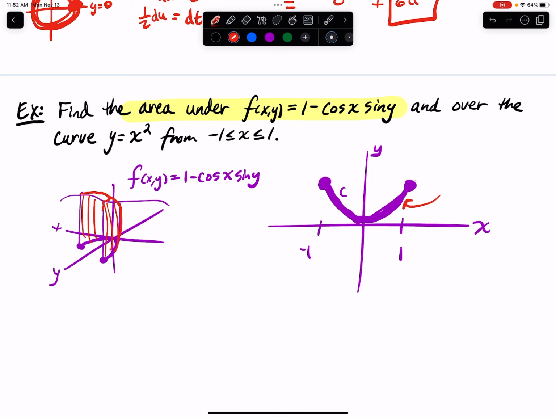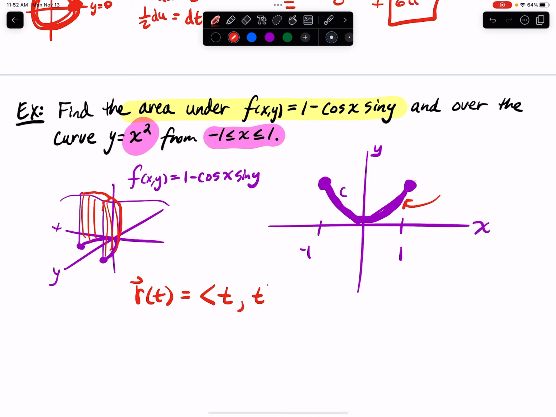So we need to figure out r of t, so this vector valued function. Now once again, to me, it looks like x is the independent variable and y is dependent on x. So t for the x component, and how do I get y?